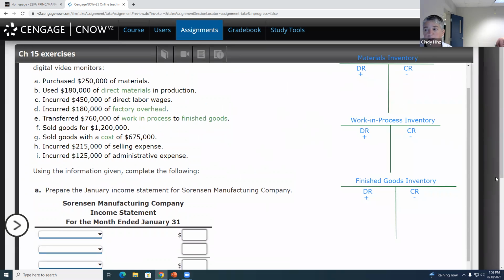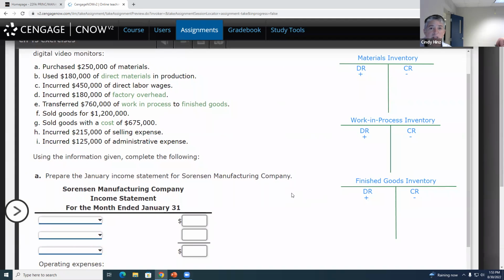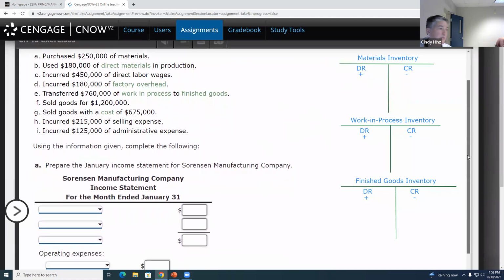After their first month of operations, it's very reasonable to assume that they would have balances that carried forward from the previous month, but for a brand new company, opening balances are 0. So we're really starting from scratch, from the beginning of this company's work process. So let's start here with letter A.